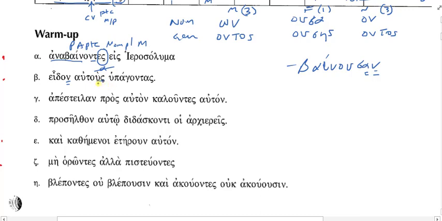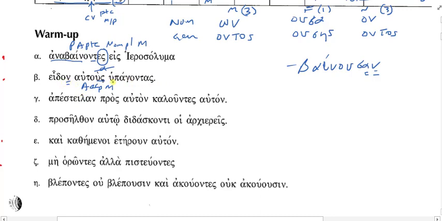Accusative. You see that upsilon sigma? Accusative plural and what gender? Masculine. Okay, remember logos? The forms are logos, logou, logo, logon, logoi, logon, logois, logous, accusative plural. So, I or they saw them.